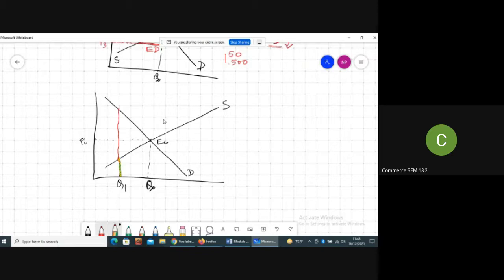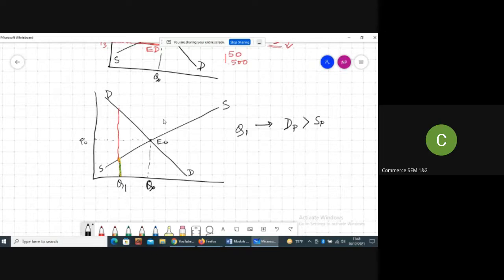Okay. So we can say that for output Q1, the demand price is greater than the supply price.